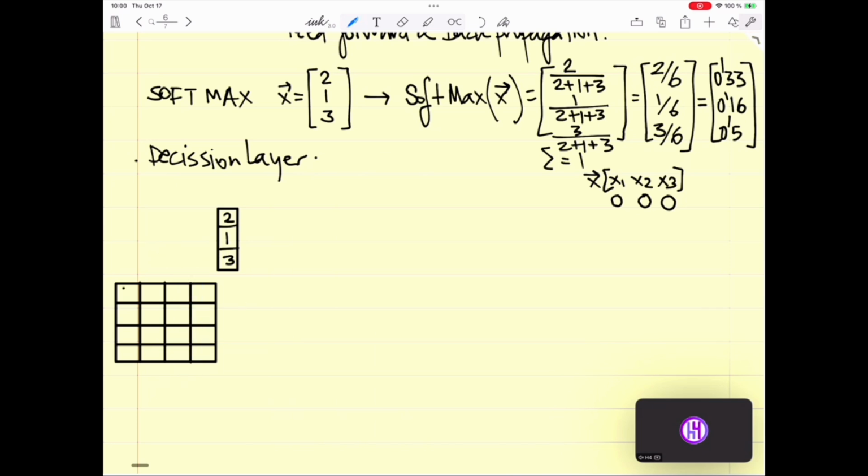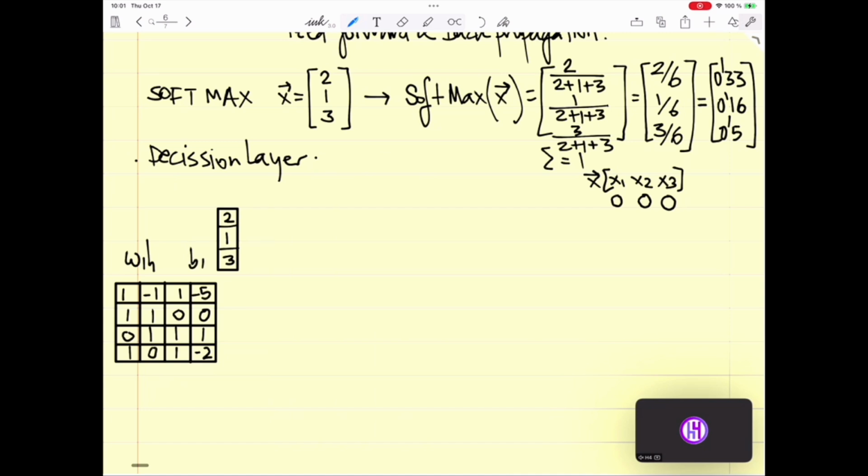I am always taking the same numbers, so I don't need to do the calculations all the time. But of course, you should try to use different numbers for your own benefit, okay? So this is the weight 1H, and this is B1.